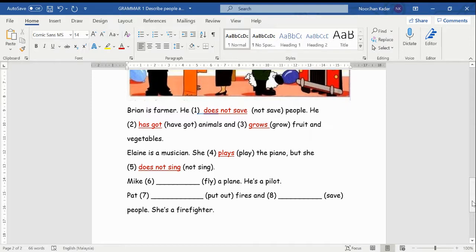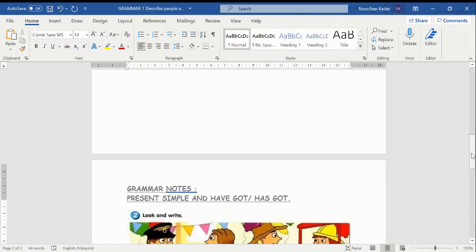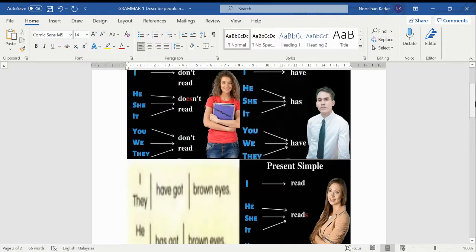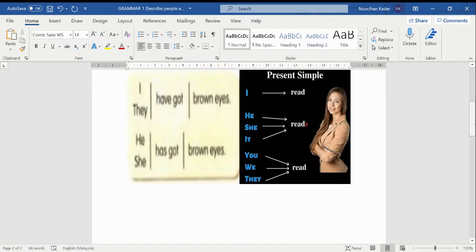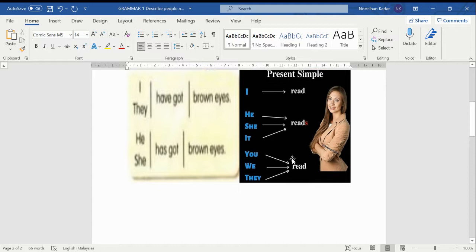Mike is a man. And the next sentence which follows, they have already given here, he is. That means the pronoun for Mike must be he. So he fly. Let's check. It must be a present simple tense in a positive form.